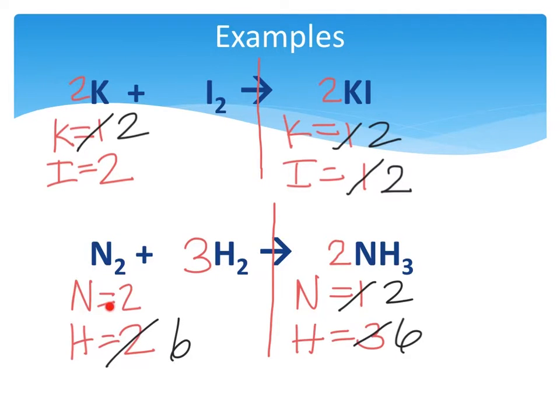So we still have 2 nitrogens, 2 nitrogens, 6 hydrogens, 6 hydrogens. So this is balanced. Okay, that's balanced. And so my final equation would read 1 molecule of nitrogen plus 3 molecules of hydrogen gives me 2 molecules of ammonia, or NH3, and nitrogen trihydride.